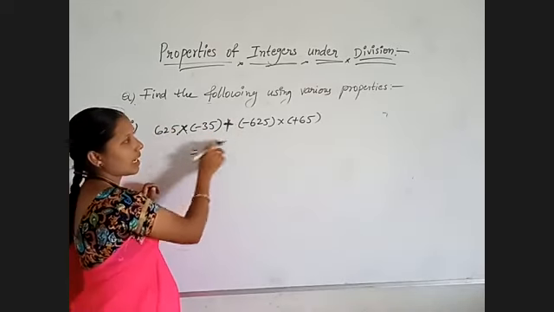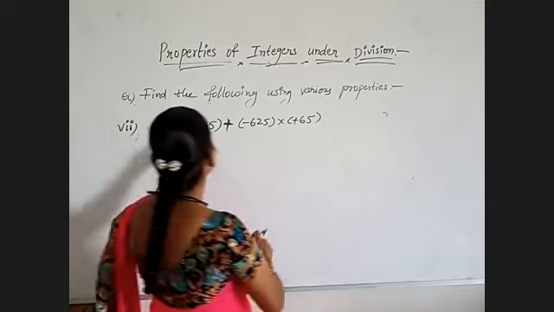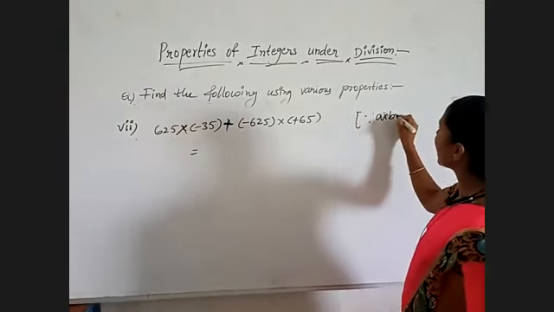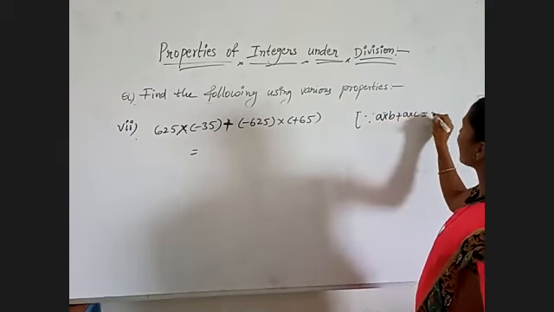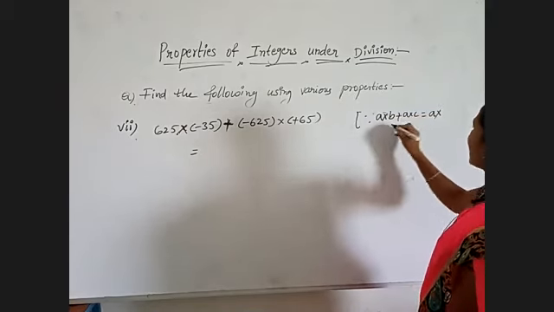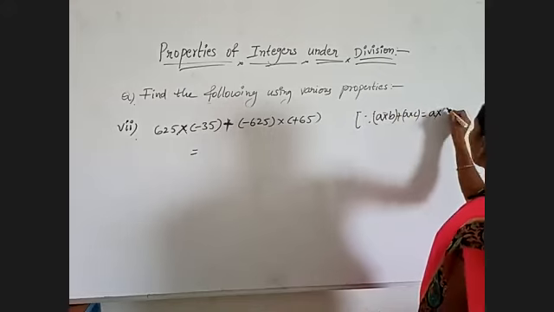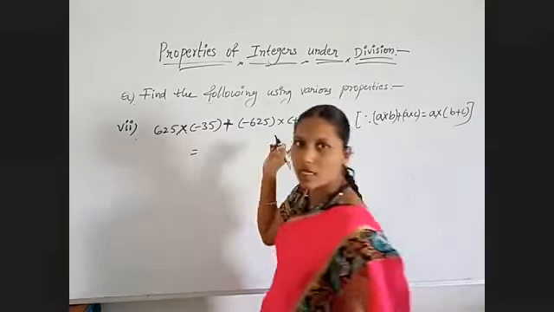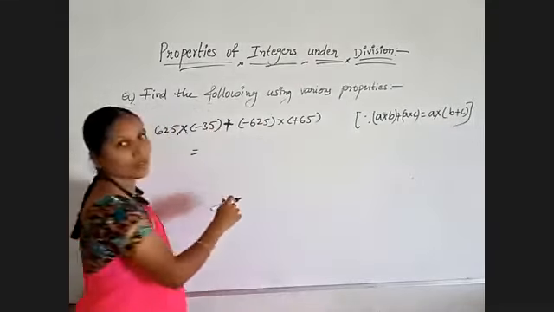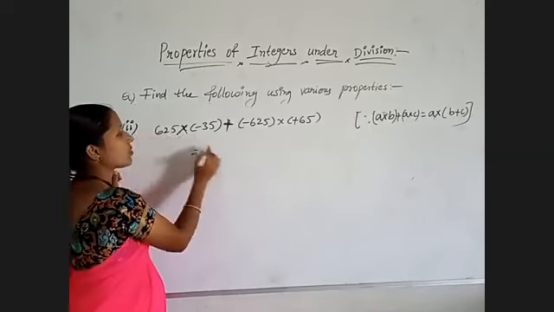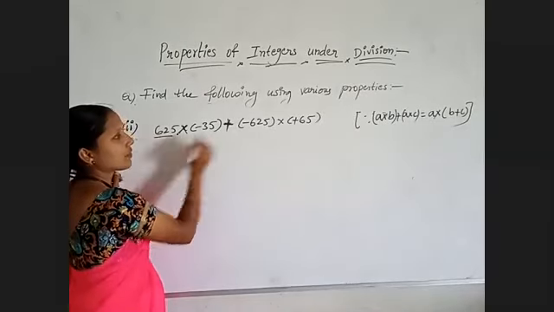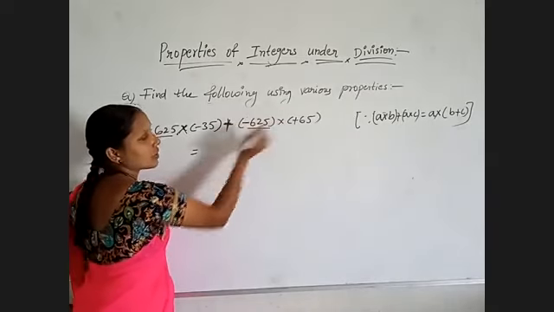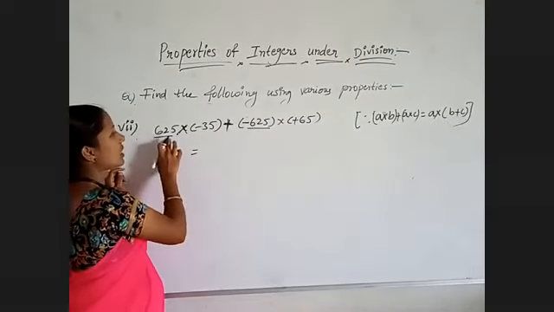So again distributive property, and here it is in the form of A into B plus A into C. Then we need to simplify by taking A into B plus C. Whatever common number is there, take out that number first. So now I am taking 625 as common. Here 625, but here minus 625 is there, so the minus value we will take to this number.